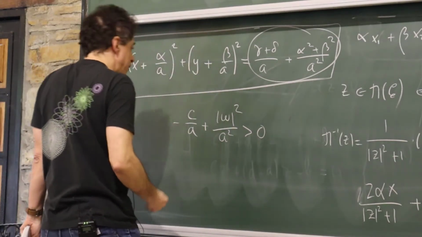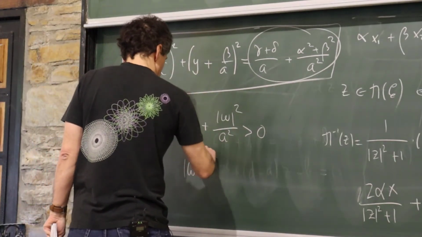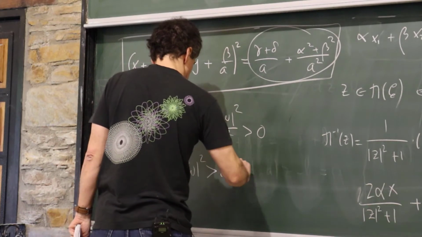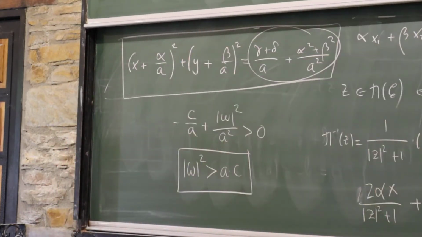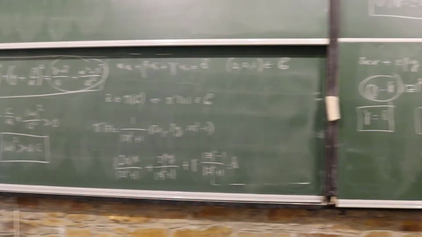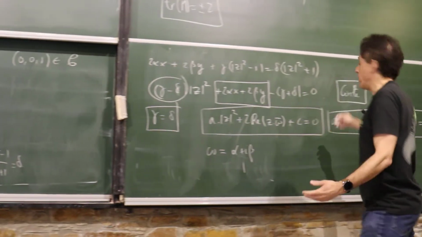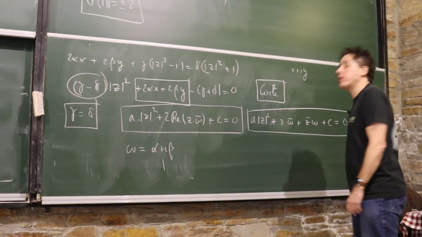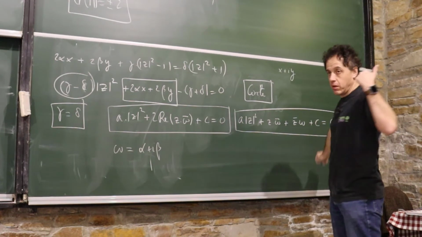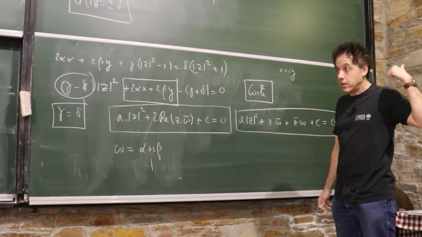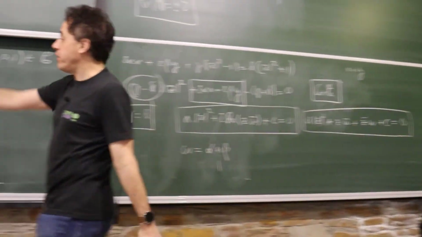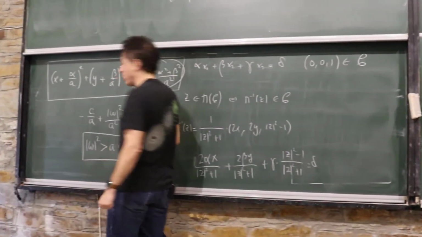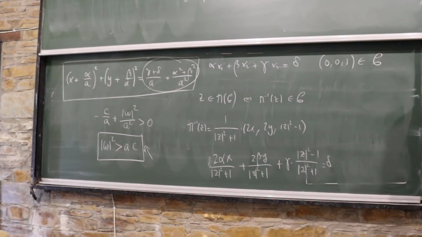So this means, in fact, that we must have this condition. So one such equation is really a circle, if it can be written like this with A and C. Recall, A and C are real numbers. Omega is any complex number. Verifying this condition that the modulus of omega squared is greater than AC.